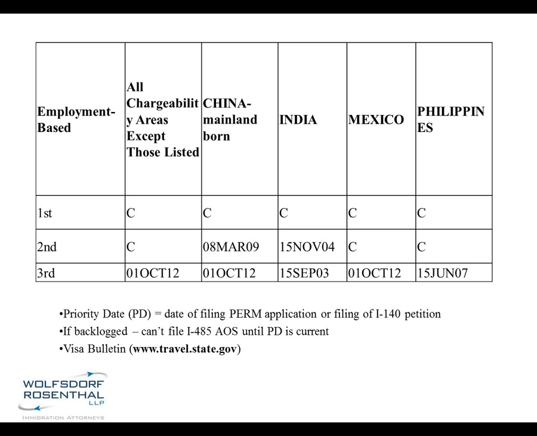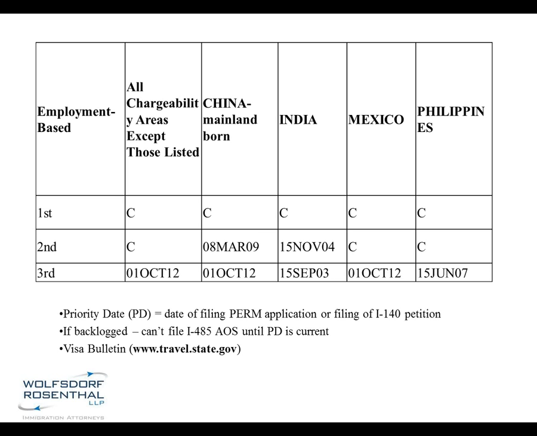If there's a date, that means that option is not available, and that is because that category for that country is backlogged. And what that basically means is that the demand for the visa numbers exceeds the supply, and sometimes the demand is so significant compared to the available visa numbers that the cutoff date is really, really far in the past.